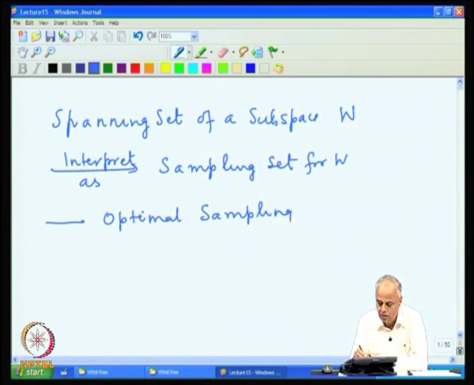This means we must remove redundancy from sampling, and this meant we should remove linear dependence and look for a linearly independent spanning set.